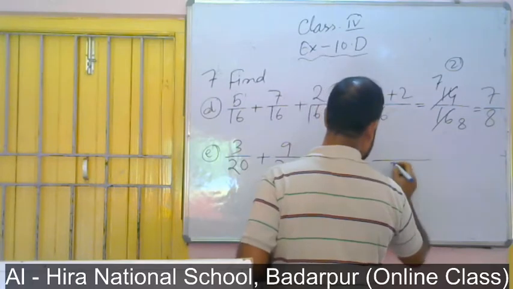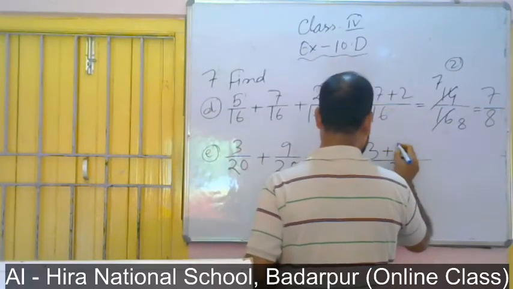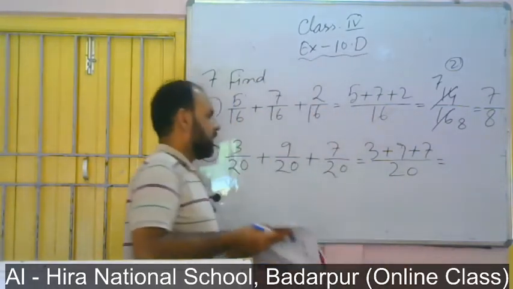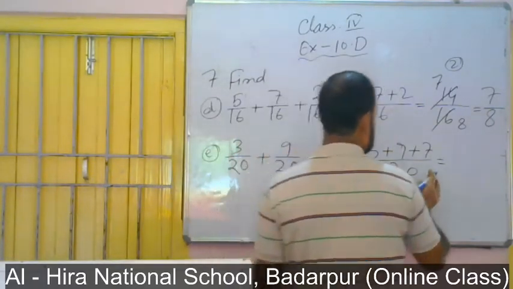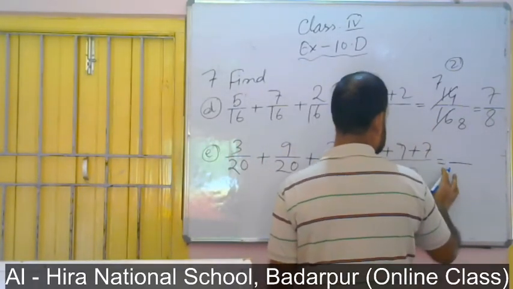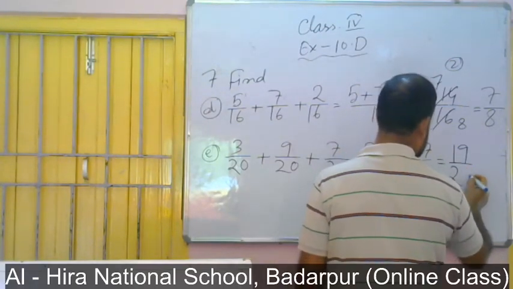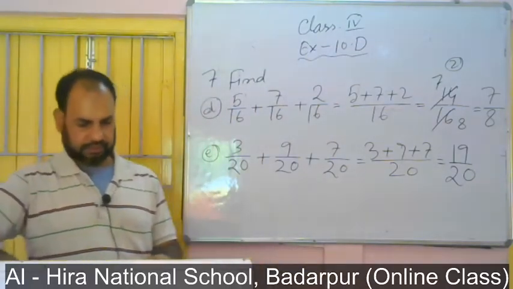Here 20 is the common denominator. So 3 plus 9 plus 7. 3 plus 9 is 12, and 12 plus 7 is 19. So 19 by 20. The answer is 19 by 20.